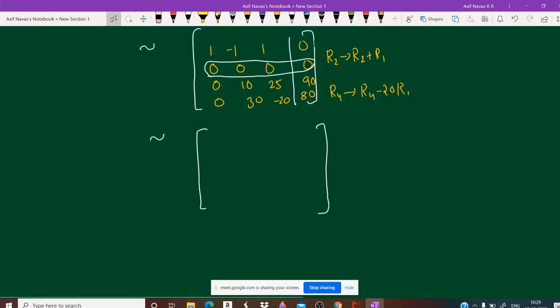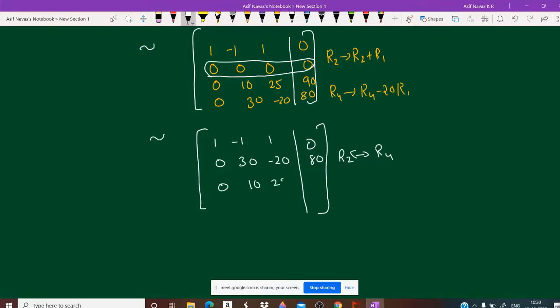We interchange R2 and R4. So first we write 1, minus 1, 1, 0; R4: 0, 30, minus 20, 80; 0, 10, 25, 90; and 0, 0, 0, 0.